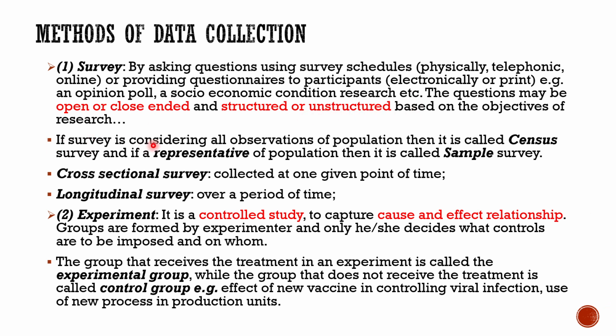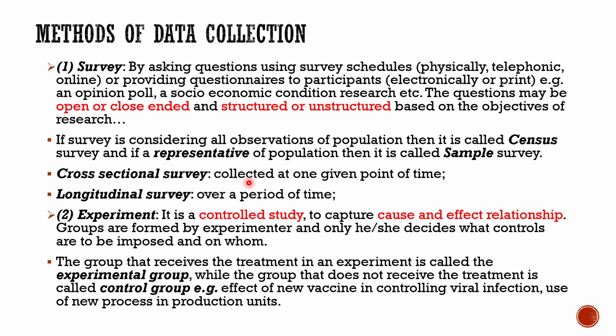Now, if a survey is considering all observations of the population, then it would be called a census survey. And if it is representative of the population, then it is called a sample survey. That has already been mentioned. There are two types of surveys also: cross-sectional survey or longitudinal survey. Cross-sectional survey means the information is collected at a particular, given point of time.